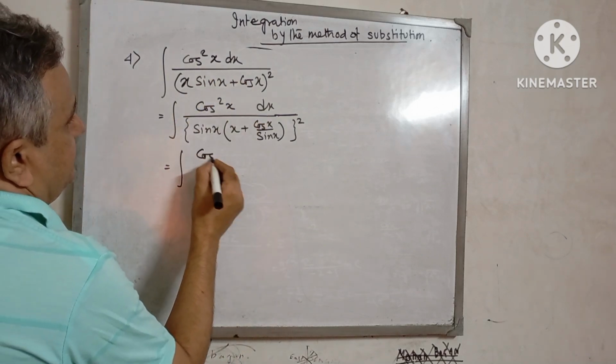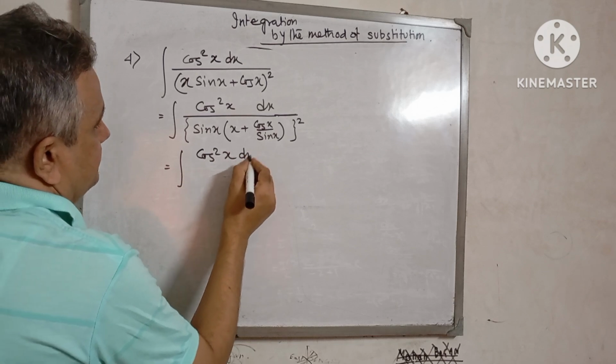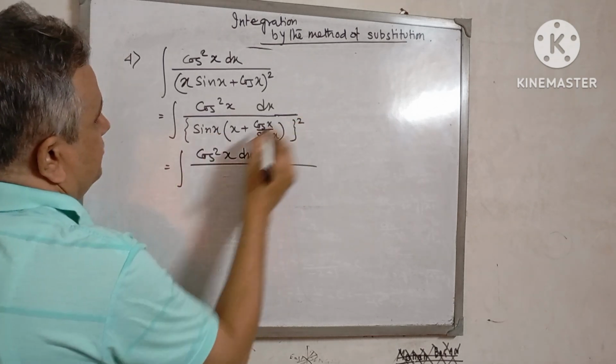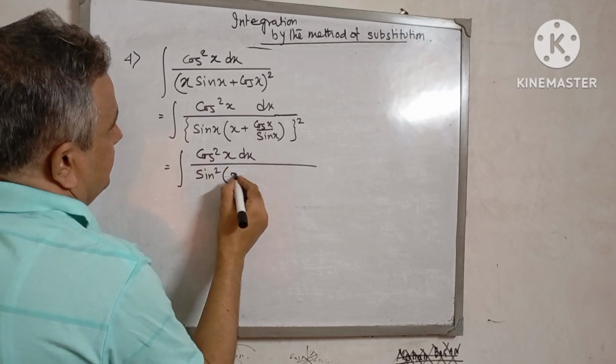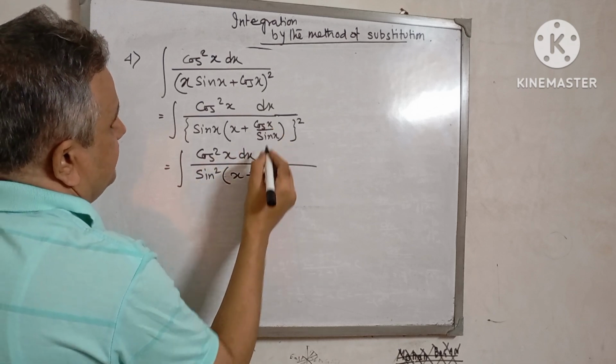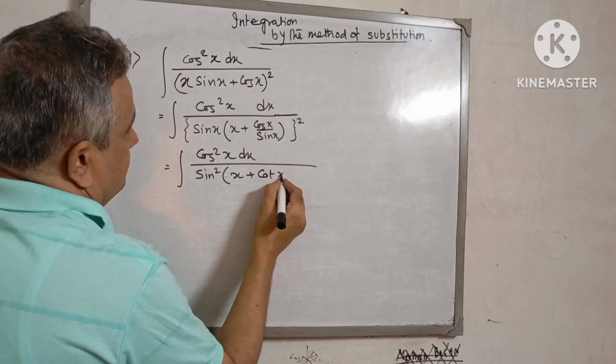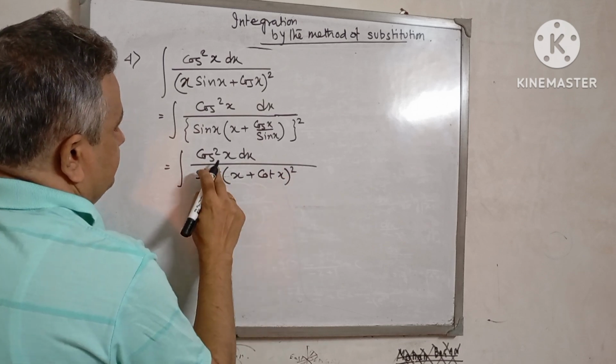So cos square x dx by sin x whole square is sin square x, and this is (x plus cos x by sin x) whole square, and cos x by sin x is cot x.